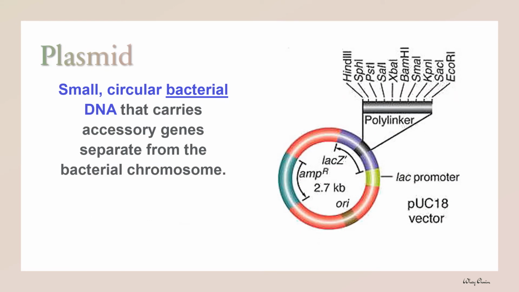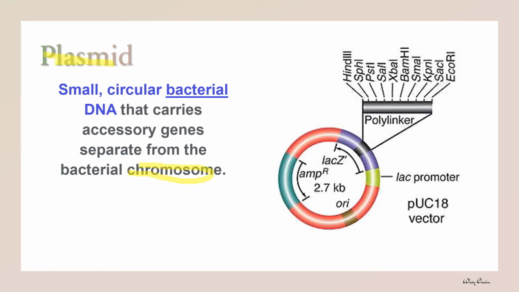Plasmid is defined as a small circular bacterial DNA that carries accessory genes, separate from the bacterial chromosome. In chapter 2, we already studied that in prokaryotic cells such as bacteria, there are two types of DNA found in the cytoplasm. One is the larger one, we call it the chromosome. Another one is small and in circular form, we call it the plasmid.